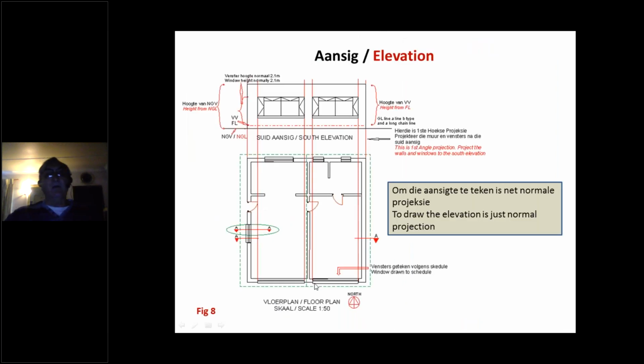Okay, now what happens when we have to do the elevations in the drawing? If you do the elevations, that is where the first angle of the graphic projection comes in. There's your floor plan again. Now what you see from this side is drawn on the other side.